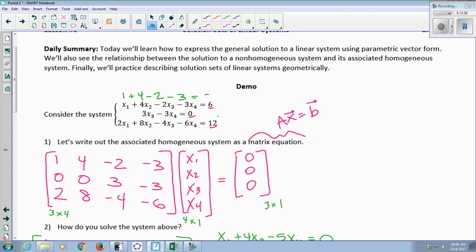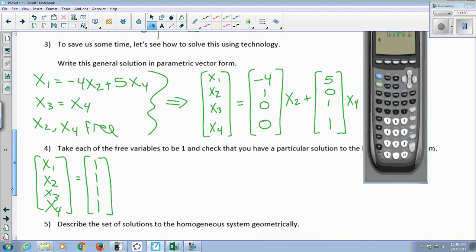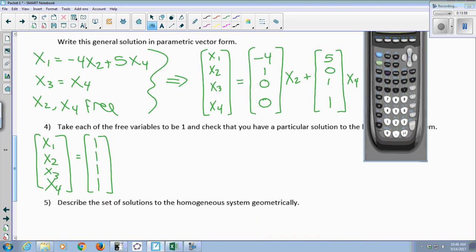That is 0, right? Check. For the next equation, I would have 3 minus 3 is 0. Check. And 2 plus 8 is 10. Minus 4 is 6. Minus 6 is 0. Check. So you can check your work even when you have infinite solutions, right? Even if you write your solutions in parametric vector form, you can get one single solution and check it. Make sure you did everything right.